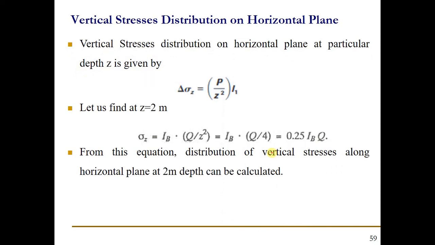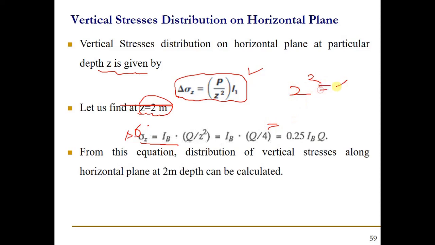Vertical stress distribution on a horizontal plane. Vertical stress distribution at a particular depth can be drawn using this equation for a point load. As you can see, at Z equal to 2 meters, delta sigma is equal to I_B times Q by Z square, and I_B is equal to Q by 4, where 4 is equal to 2 square.